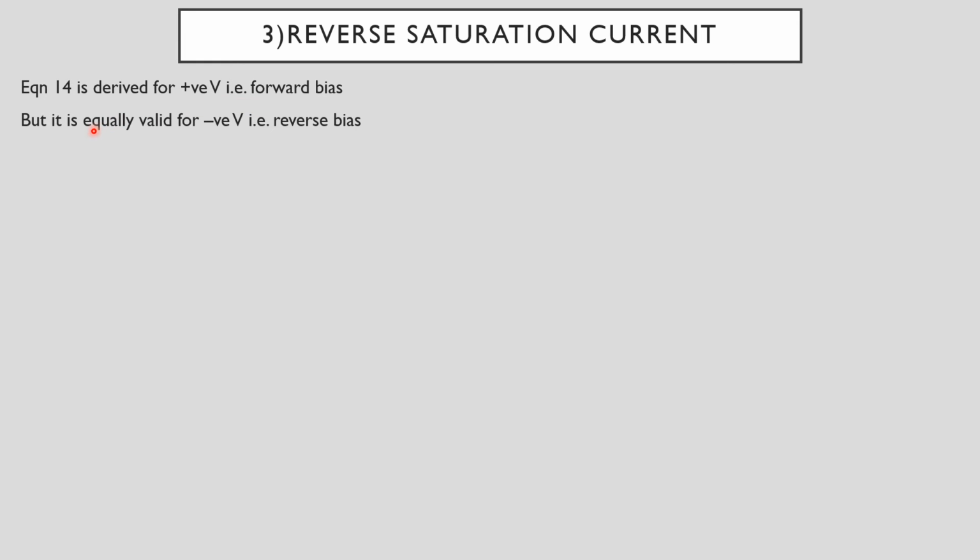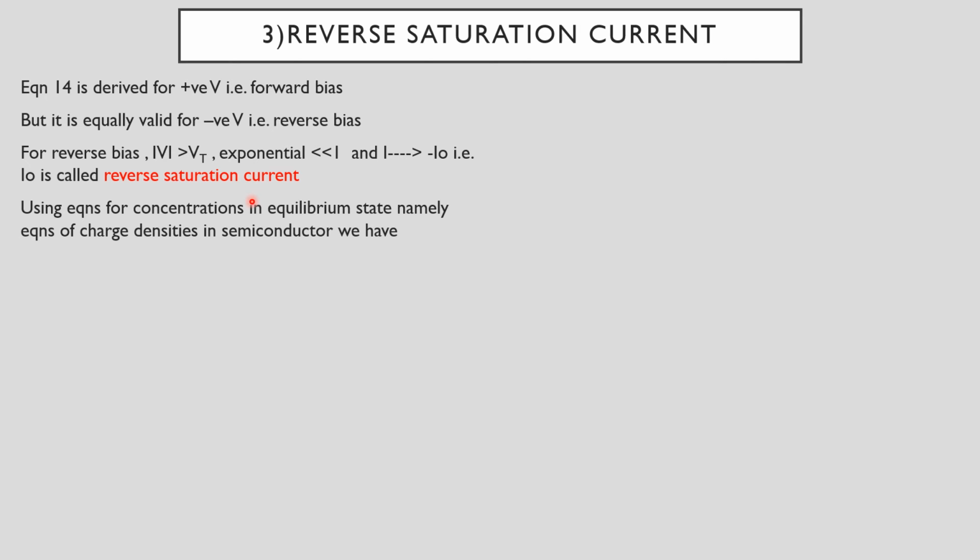The same is valid for negative voltage, that is reverse bias. So for reverse bias, V is negative, so mod V is greater than Vt, so the exponential will be less than 1 and I will tend to minus I0. I0 is called the reverse saturation current.